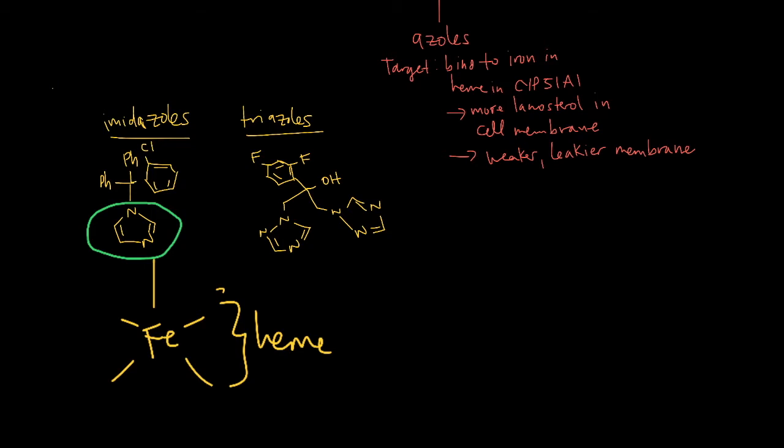Triazoles have 5-membered rings containing 3 nitrogens. Remember, imidazoles contain 2 nitrogens in a 5-member ring. Triazoles contain 3 nitrogens in a 5-member ring. 1, 2, 3. Both are 5-member rings. The difference between them is that triazoles have 3 nitrogens, imidazoles have 2 nitrogens.